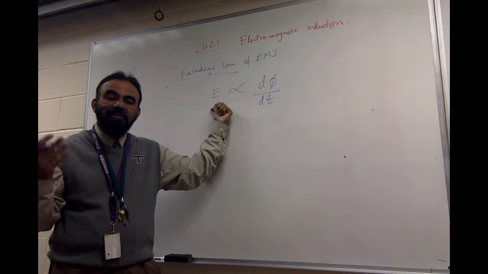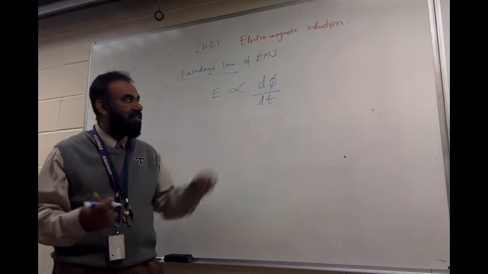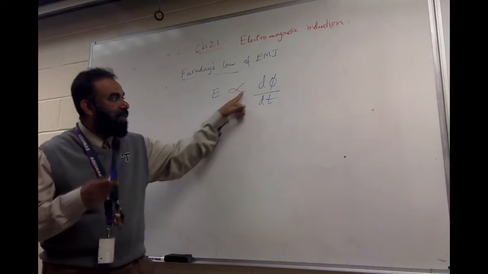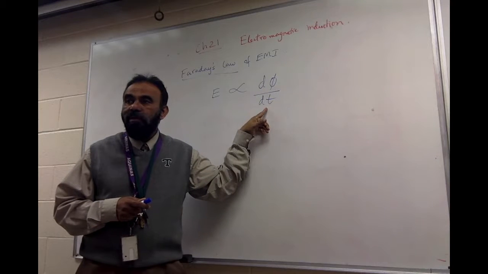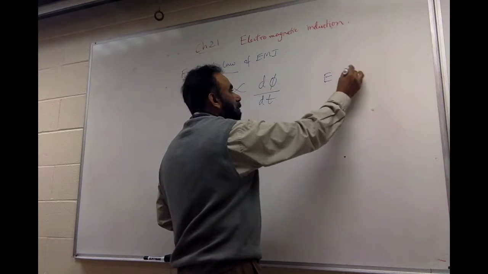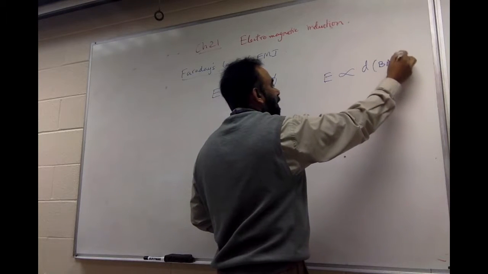So what is being generated is the voltage, the EMF. And what Faraday said is the EMF generated is directly proportional to the change of flux and also depends on how quickly the flux is changing. Make sense? So EMF is proportional to d of BAN.